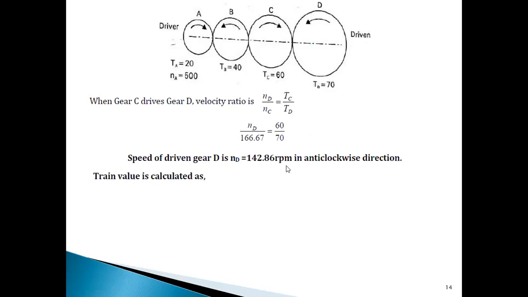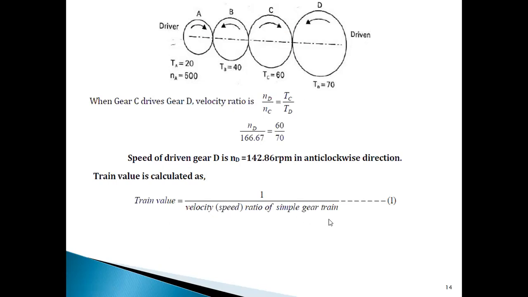Only one thing is left here: we have to find the train value. This is the new part. Train value is the reciprocal of the velocity ratio for the entire gear train. So how can we write this? 1 by the velocity ratio of the simple gear train.